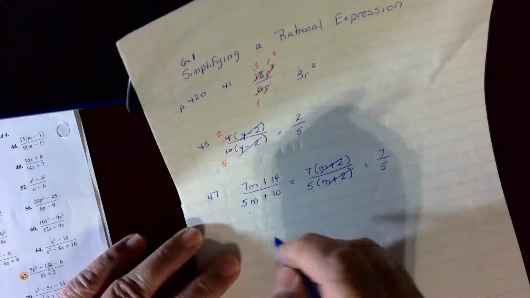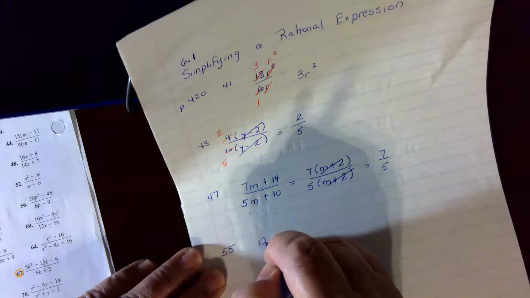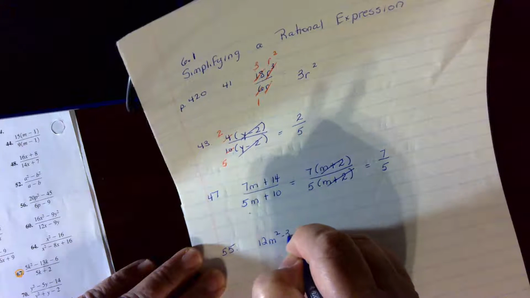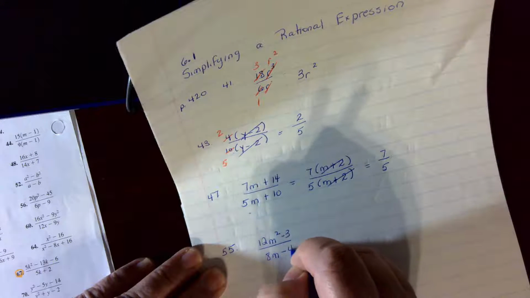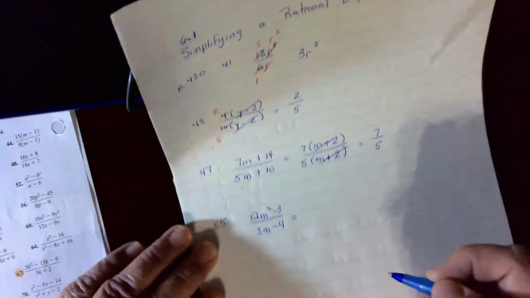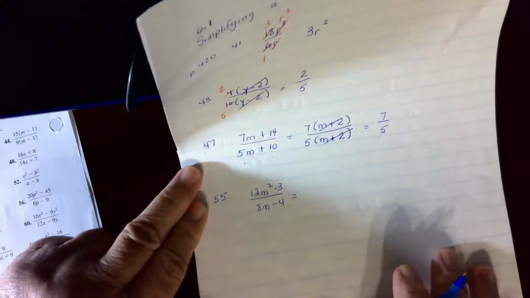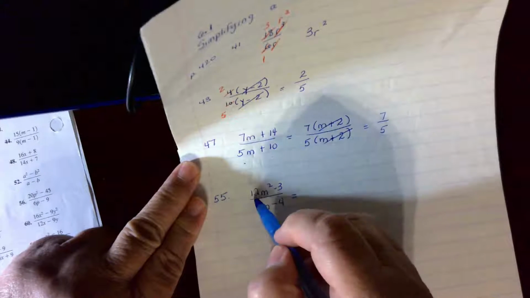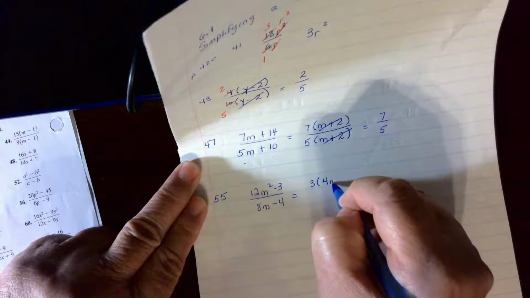Okay, now we're going to number 55. We're going to factor the numerator and the denominator. Remember, we always start with common factors. So from the numerator, I can factor a common factor of 3.